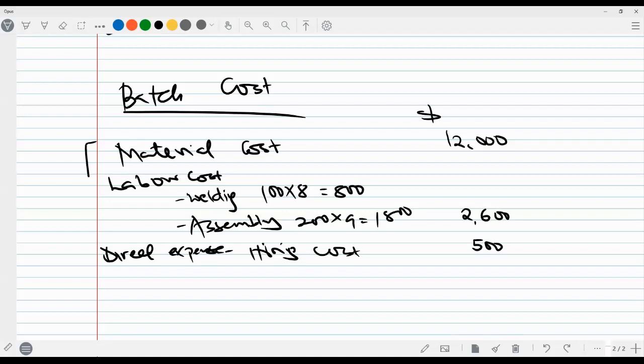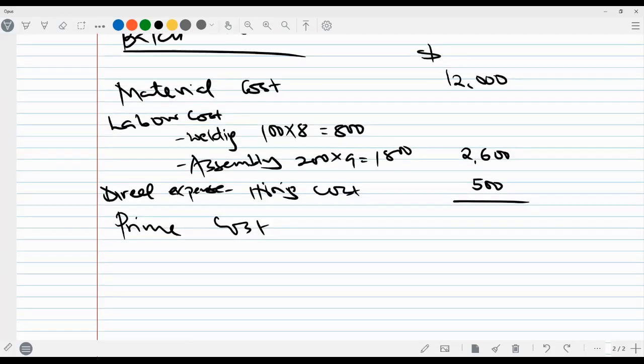Don't forget all these three are direct costs, therefore they give the prime cost. Prime cost is how much? 15,100. Confirm. Okay, $15,100, that will be the prime cost.